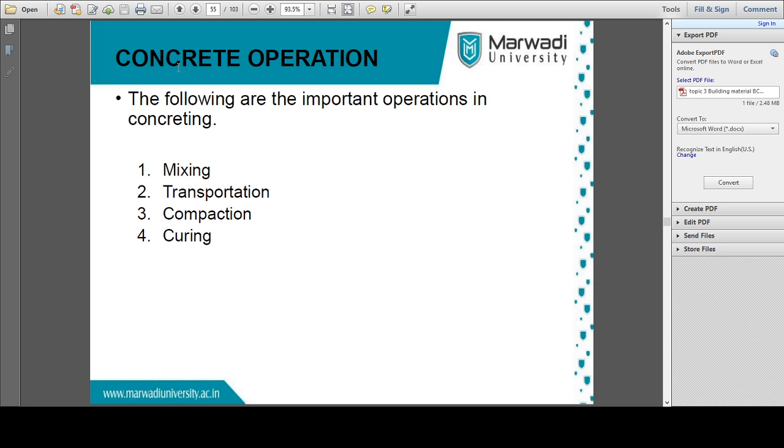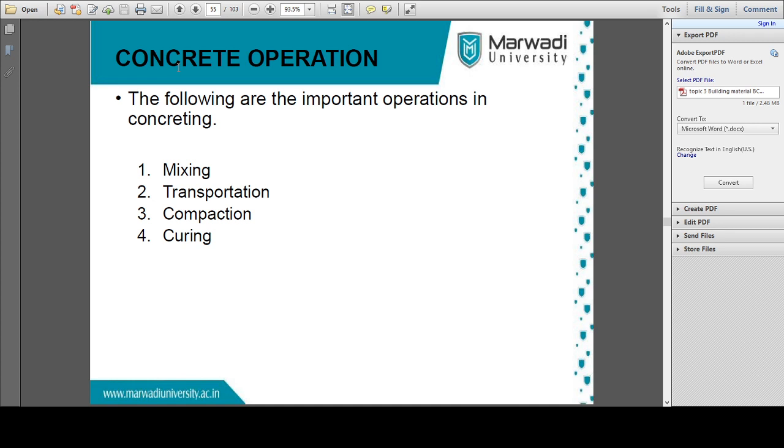Along with the mixing procedure, we also need to focus on the transportation of this material which we have made, and along with the transportation we also need to have good placing. So there are four things that are involved in this operation. First one is mixing, that we have learned. Second one is transportation, that we have seen in photograph.